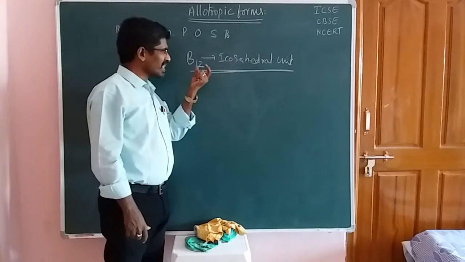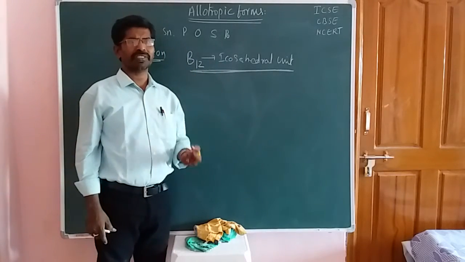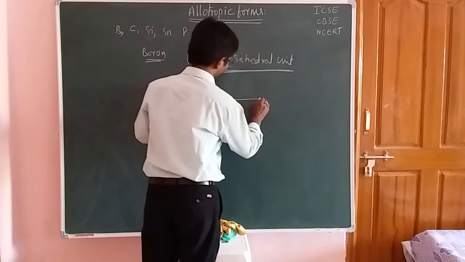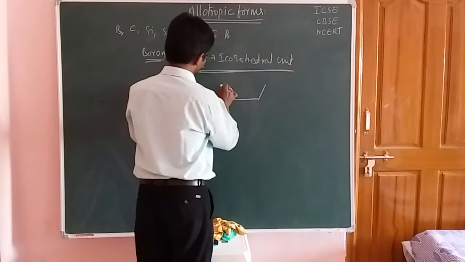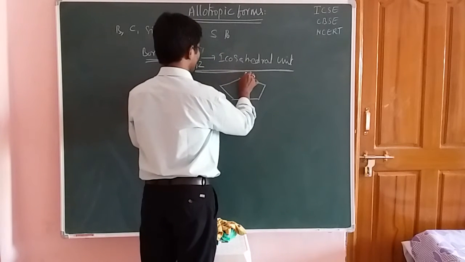Now the B12 consists of icosahedral units. Icosahedral units means five boron atoms are connected with another boron atom.